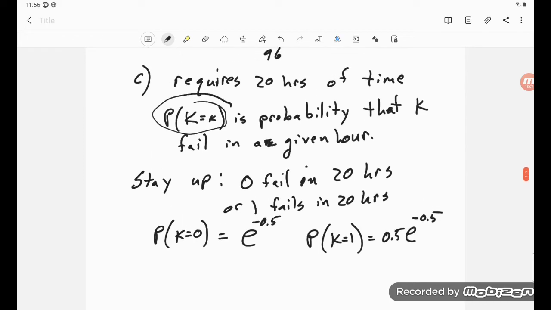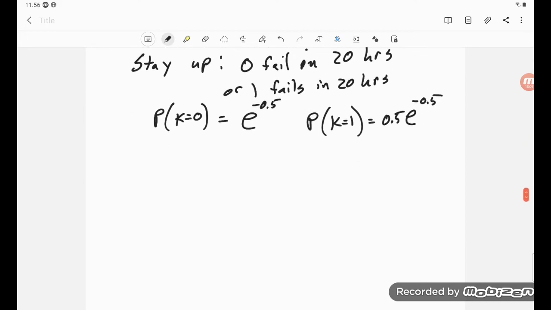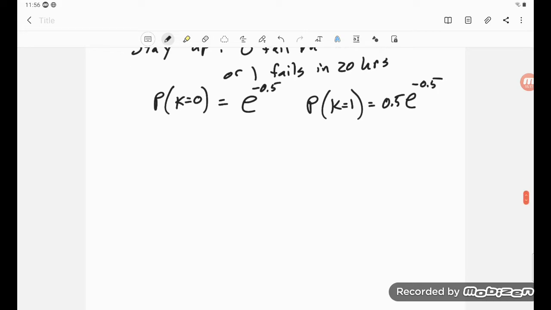And actually, I guess I misspoke. I called it binomial, but it's not really binomial, now that I'm speaking to it here, because you've got these two probabilities.